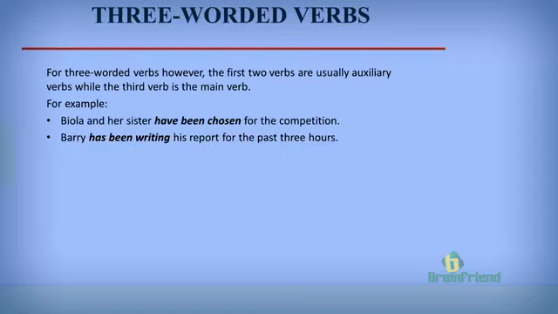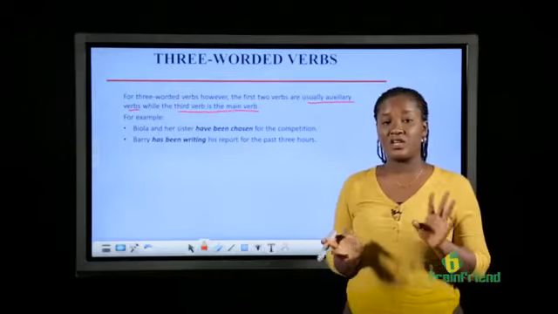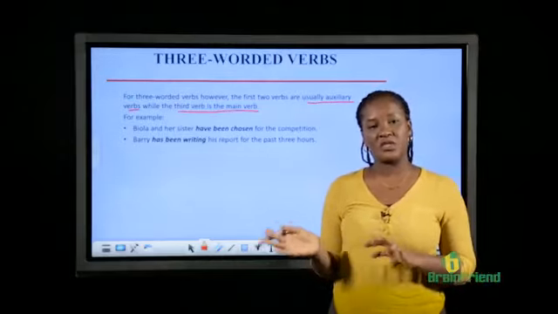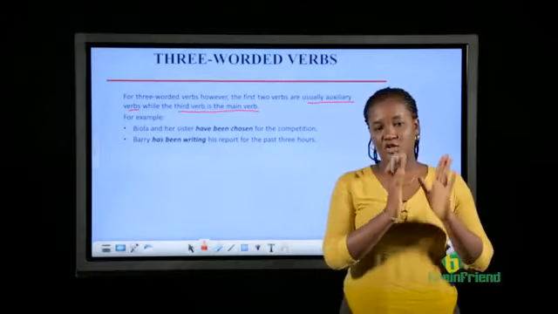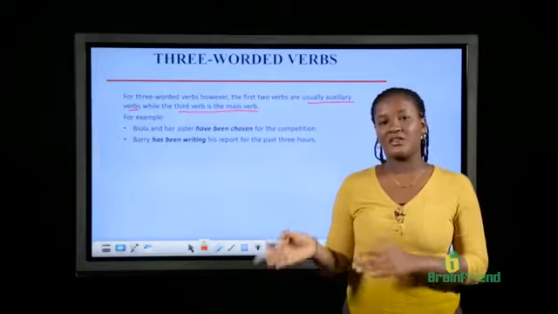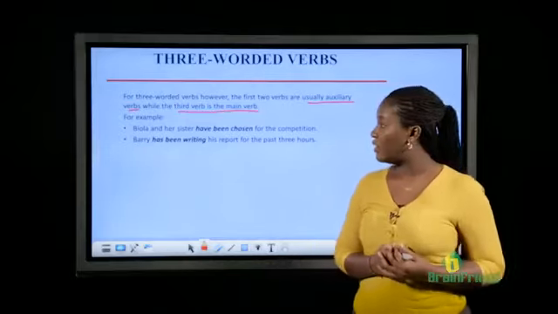Now for three-worded verbs, the first two verbs are usually auxiliary verbs, while the third verb is the main verb. We also have verbs with three words and not just two words. When we have such verbs with three words, we find that the first two verbs are usually auxiliary verbs, while the third verb is the main verb.